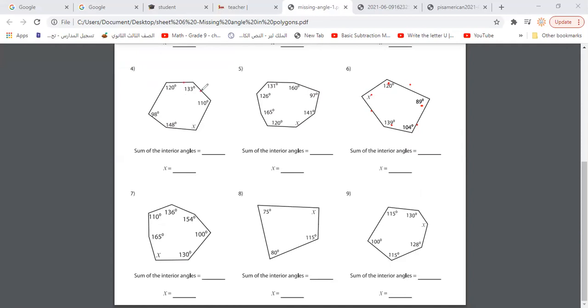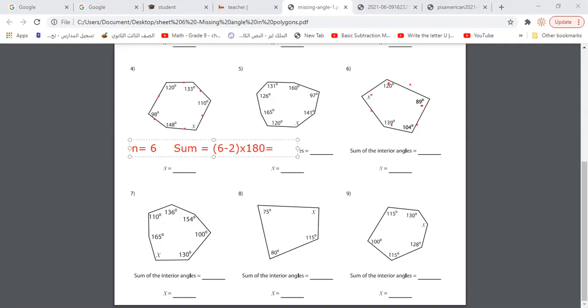1, 2, 3, 4, 5, 6. You are correct. Okay, so we have 6 sides. So n equals 6. So how will we find the sum? It will be equal to 6 minus 2 times 180, right?